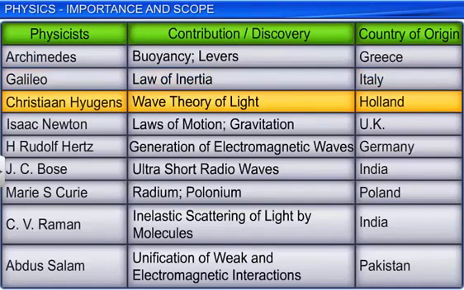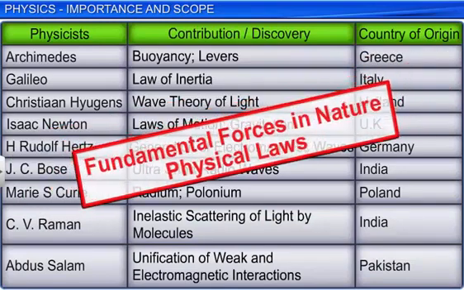Here is a list of some notable physicists. These contributions came through observations, experimentation or analysis of natural phenomena and the rules or laws that govern such phenomena. These gave us the knowledge of fundamental forces in nature and physical laws.